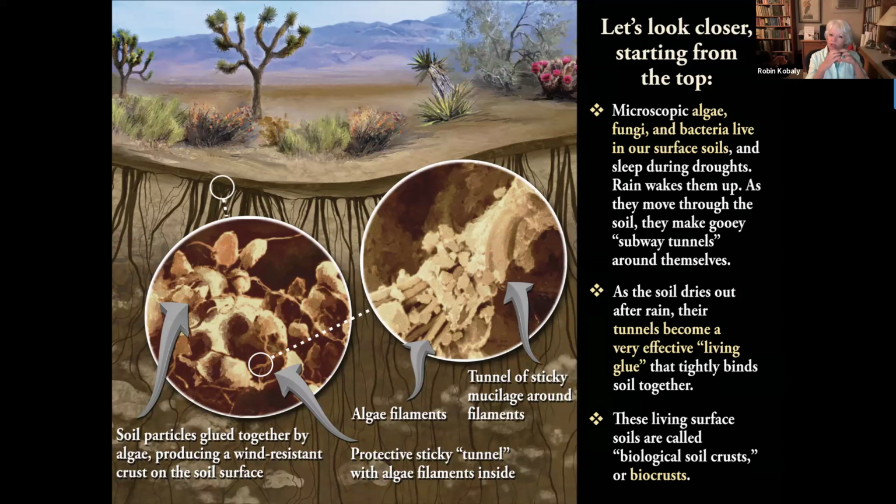So they exude a coating of a very sticky substance that is like a subway tunnel of goo all around them. And they produce that ahead of them, and then these filaments can keep moving through the soil, finding new nutrients to absorb, reproducing.